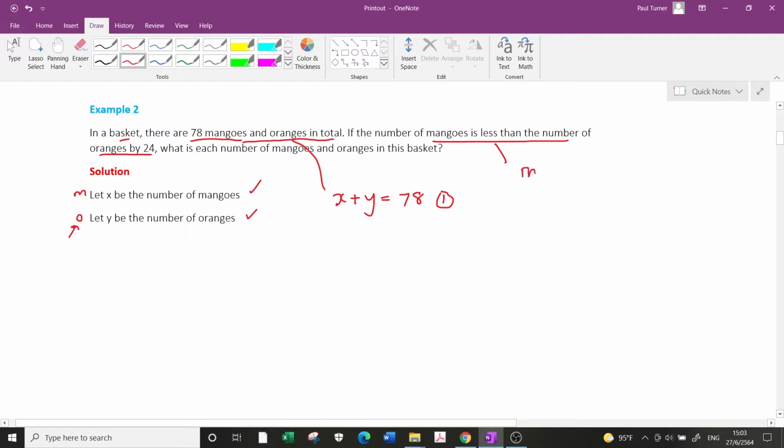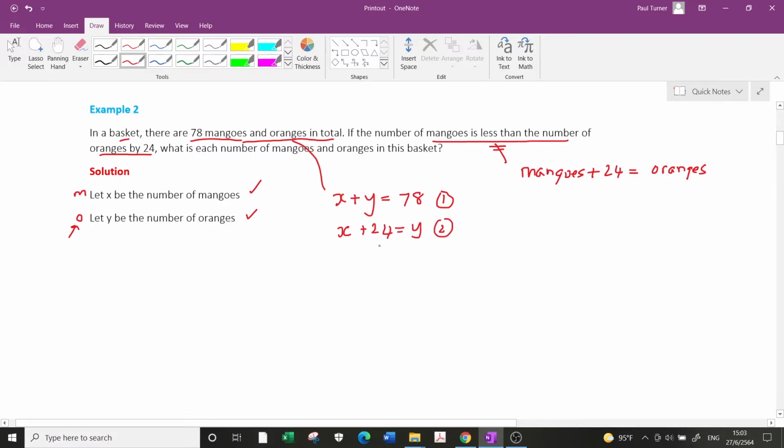That means if you had mangoes and you added 24 to that number, you'll get the number of oranges. So think very carefully when your statement is written like this. So we're going to have that as x plus 24 equals y, which is the second equation.